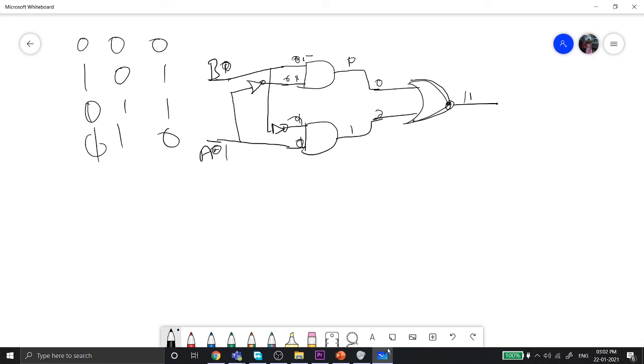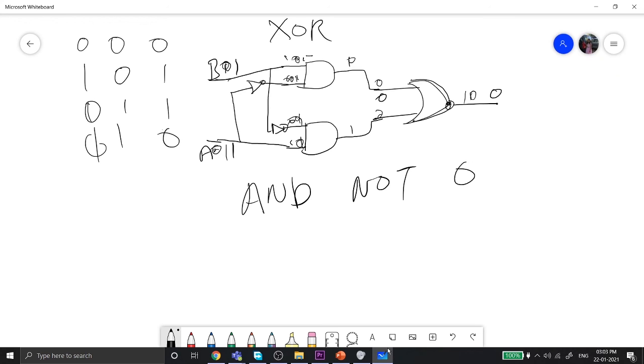And here I'll get 0, and if both inputs are 1, here 1 and here 0, here 1 and here 0, so here will be 0 and here will be 0. So yes, we have successfully constructed a, what was this gate? A XOR gate using AND, NOT, and OR gate.